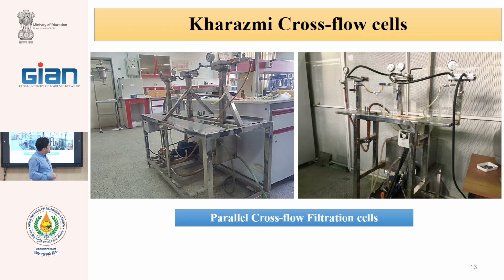From this tube, it goes to the pump. The pressure increases and it enters the first cell, second cell, and third cell. And in each section, we measure the pressure for controlling the pressure.